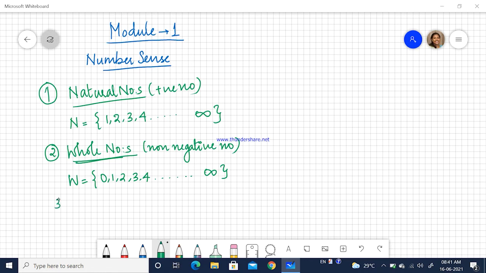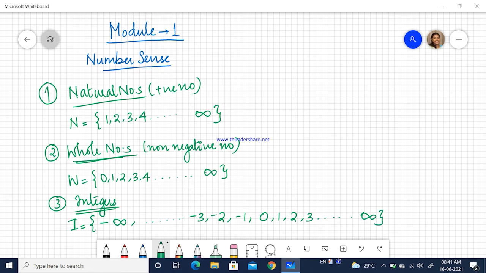Now the third one is integers. Integers are represented by the letter I. It consists of negative infinity to negative 3, negative 2, negative 1, 0, 1, 2, 3 till infinity.